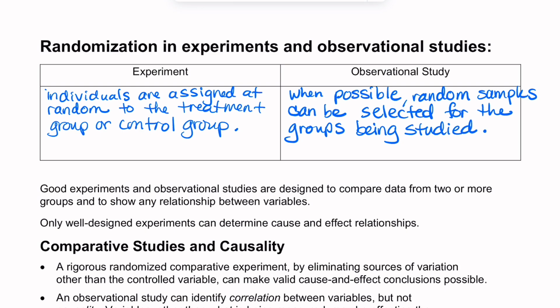So good experiments and observational studies are designed to compare data from two or more groups and to show any relationship between those variables. Only well-designed experiments can determine cause and effect relationships.